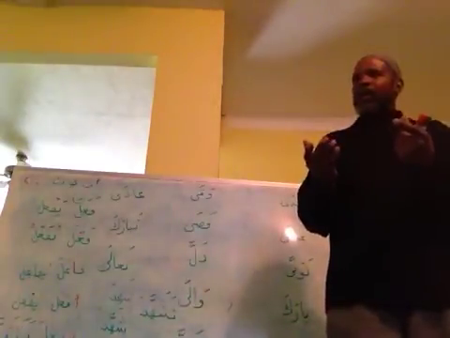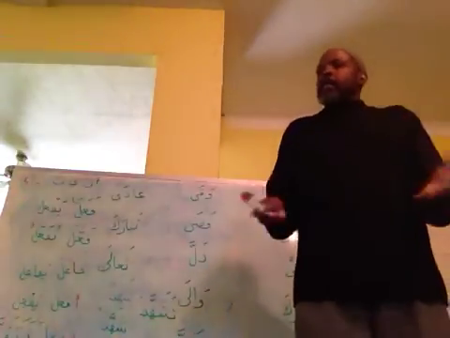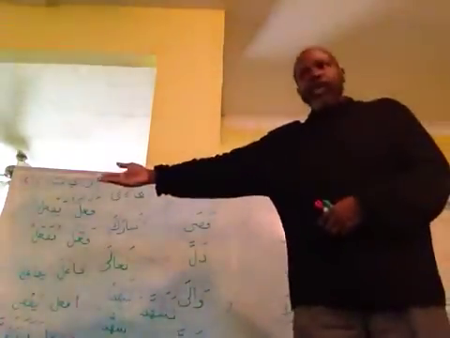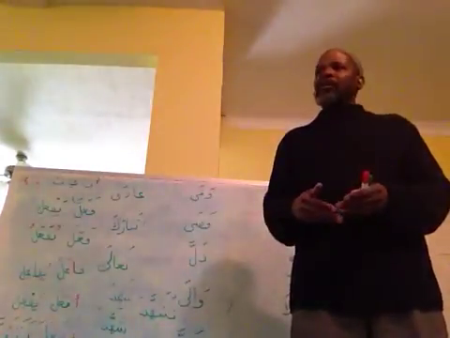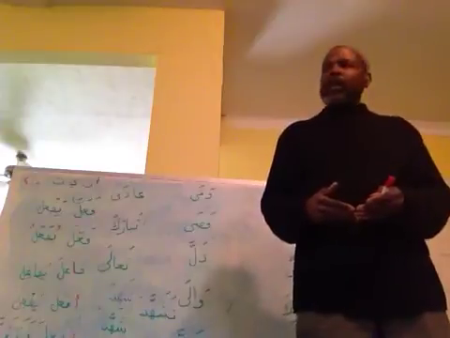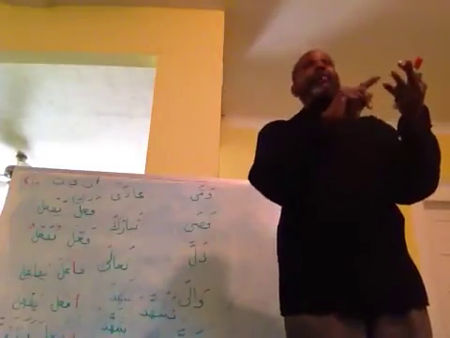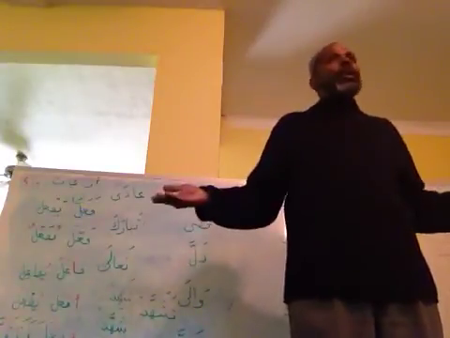What vowel? Sukun. So for the second person, it's mabni ala sukun. We don't retain the fatha, it's fatha in the third person, because he's talking about the original verb. So katabta, katabti, katabtuma, katabtum, katabtunna all mean you wrote.